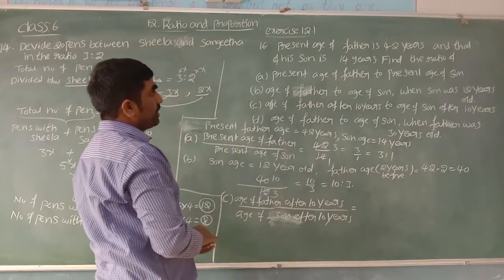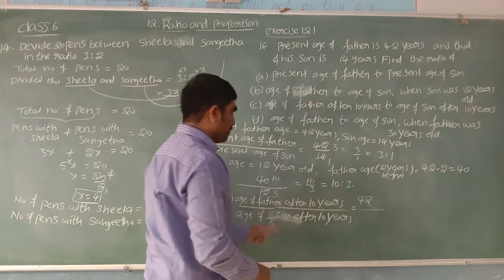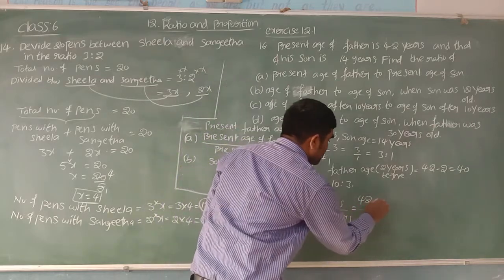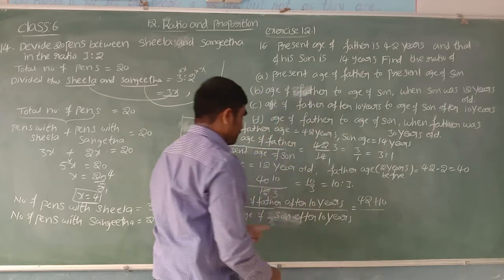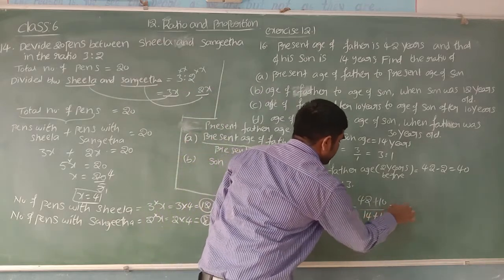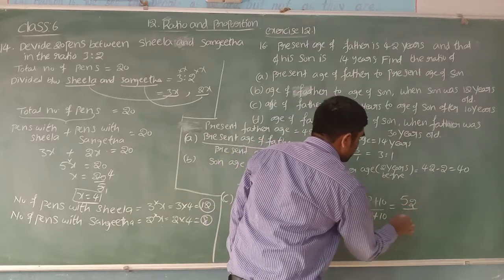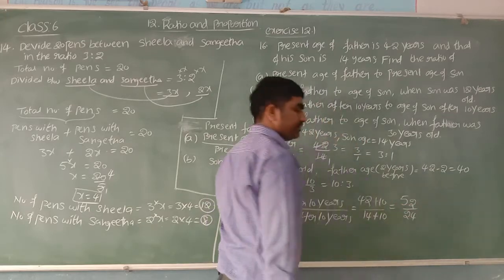What is the father age right now? 42 years. After 10 years means we'll do plus, beta. And present son age is 14 years. After 10 years we'll do plus 10. So 42 plus 10 gives us 52. And 14 plus 10 gives us 24.